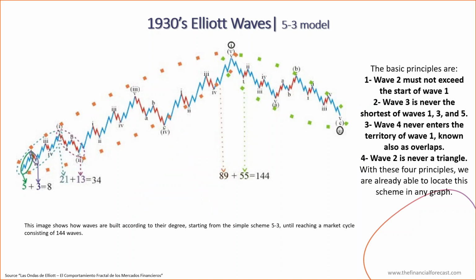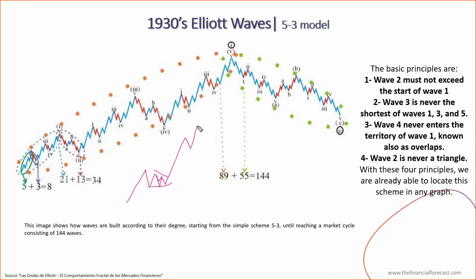And the last rule is that wave 2 is never a triangle. For Elliott, a triangle needs 5 internal waves. So we cannot see this 1, 2, 3, 4, 5, and then the wave needs to go a little down, just to have the triangle.